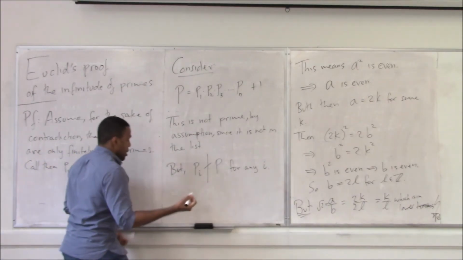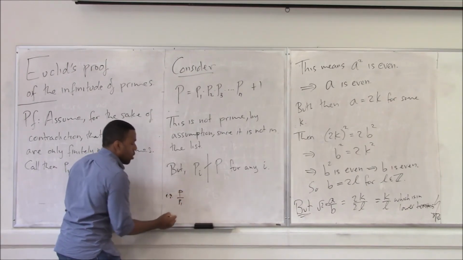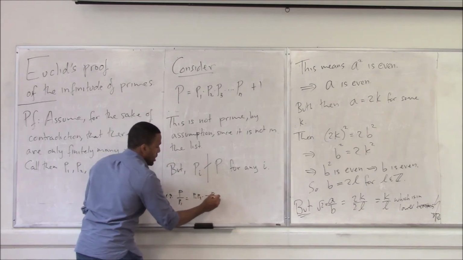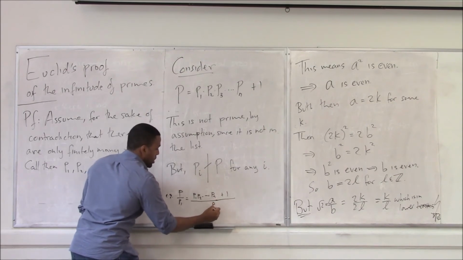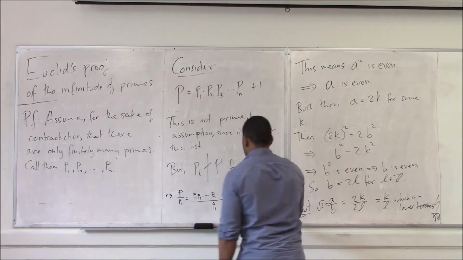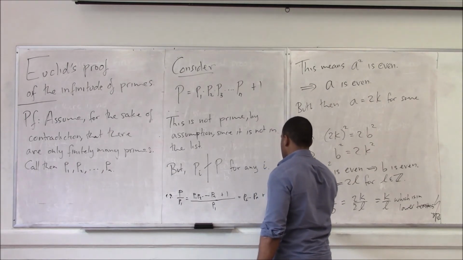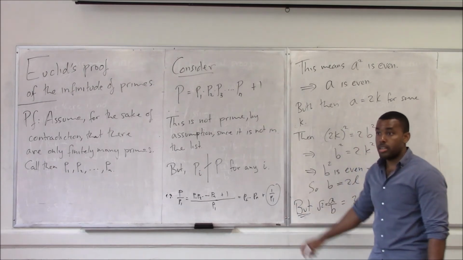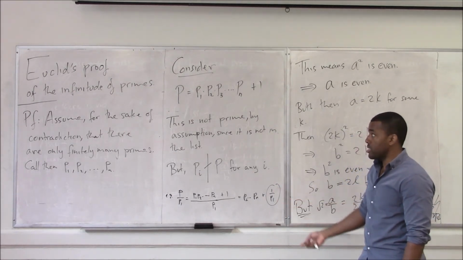Because if I took P divided by P1, that wouldn't give me P1, P2, all the way to Pn, plus 1 over P1. This would give me an integer plus 1 over P1. That's not an integer, so P1 does not divide it. You'll always have a remainder of 1 when you divide by these primes.